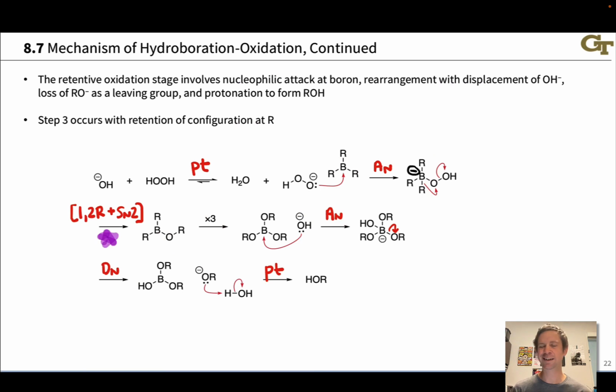So really the key to this entire mechanism is this rearrangement and SN2 displacement occurring in a single step. This is what establishes the carbon-oxygen bond. The rest is mostly proton transfers or nucleophilic attack of these anions, OH minus and the hydroperoxide anion, at boron.